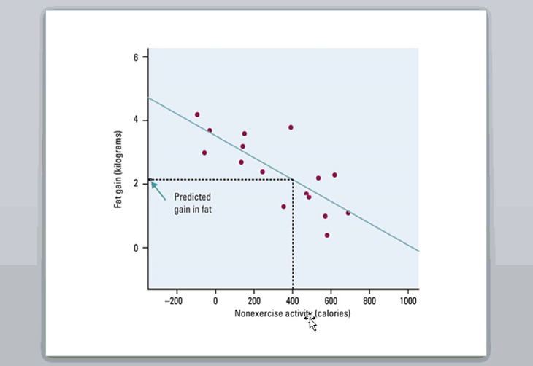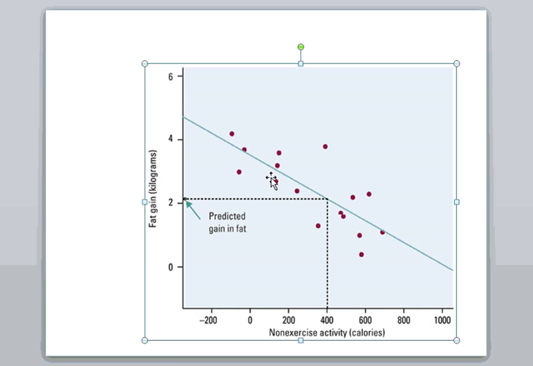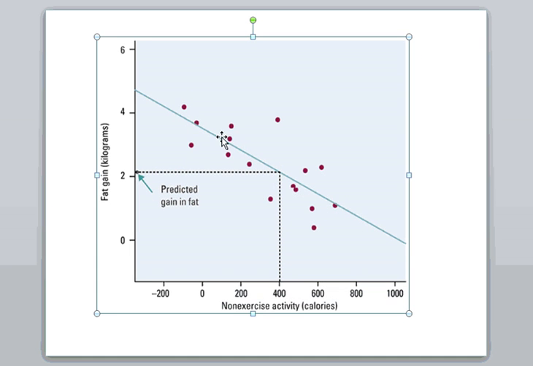Non-exercise activity. So the idea of fat gain is that we would have a least squares regression line. So this line here would have some type of equation, y equals a plus bx, based off of this data. What this least squares regression line allows us to do is to predict.